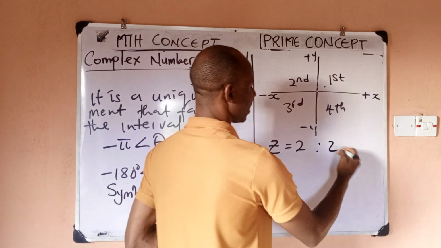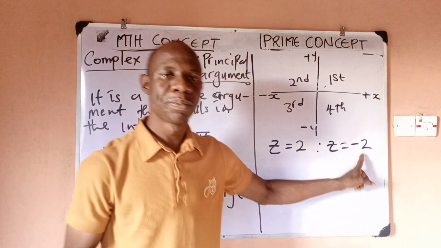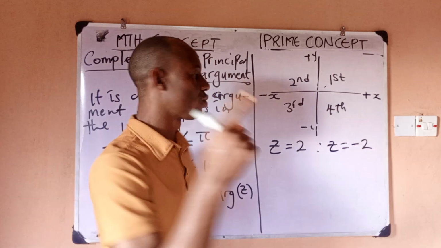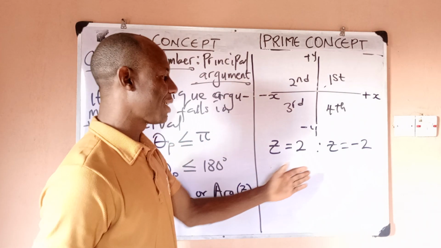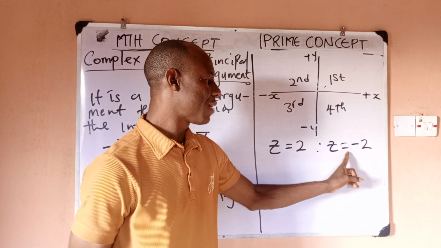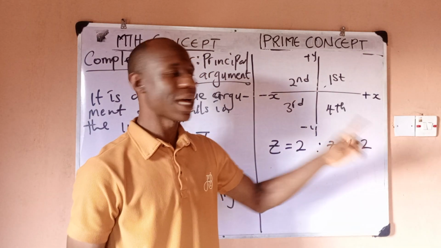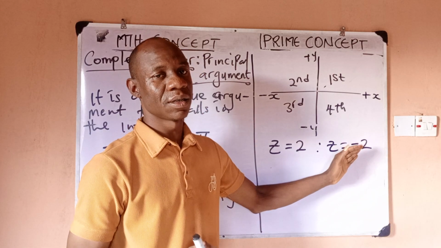Now say you have z equals minus 2. This is also purely real, but is negative x this time around. So it will lie along the negative x-axis. Now remember, it's not just the value 2. If I have negative 100, it's still along this axis. Negative 2000 is still along this axis, as long as it is purely real, right?